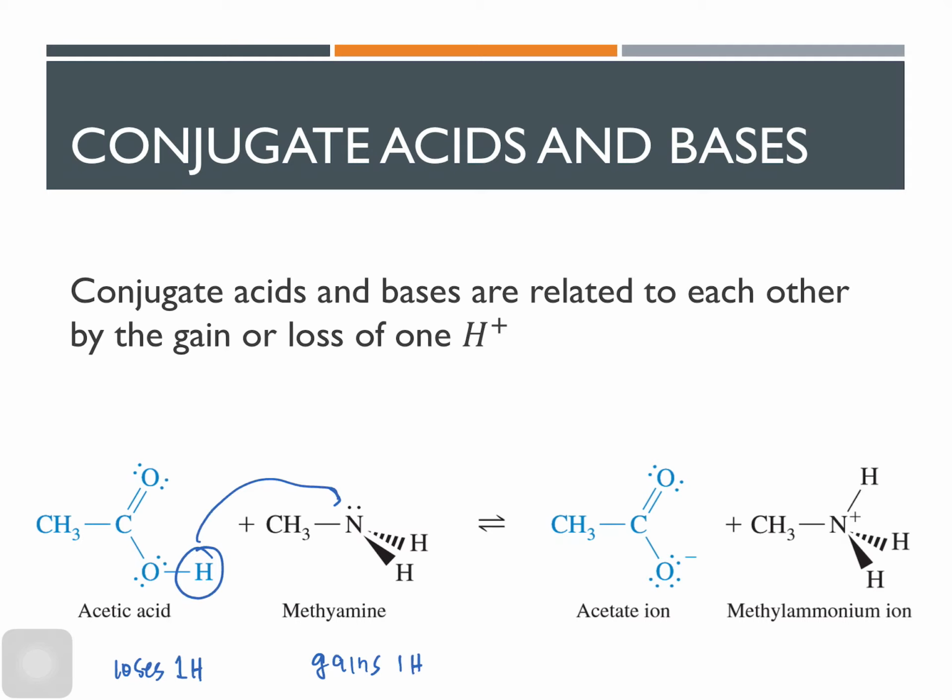Since acetic acid lost 1 hydrogen, we call this the Brønsted-Lowry acid, or just basically acid, and we call methylamine the base. The molecules on the product side are derivatives of the reactant molecules. So that means this acetate ion came from acetic acid.